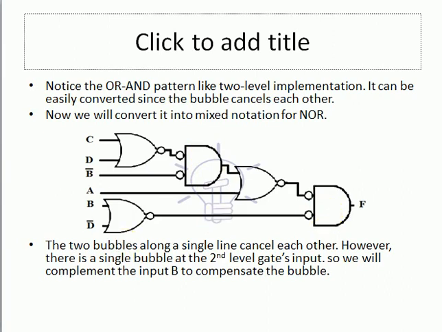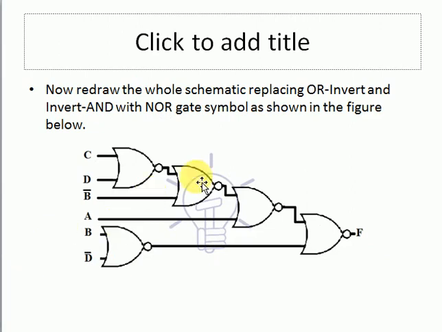Now we will replace all these gates by NOR gates. By replacing this we will get this kind of circuit. So basically this is the multi-level NOR implementation.